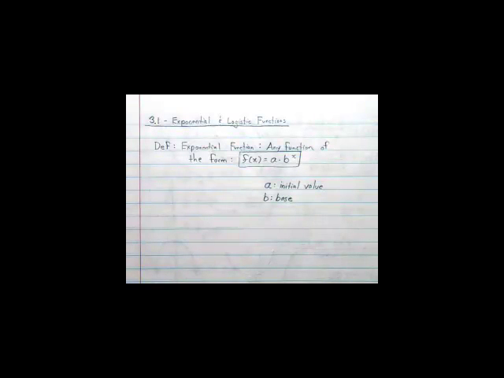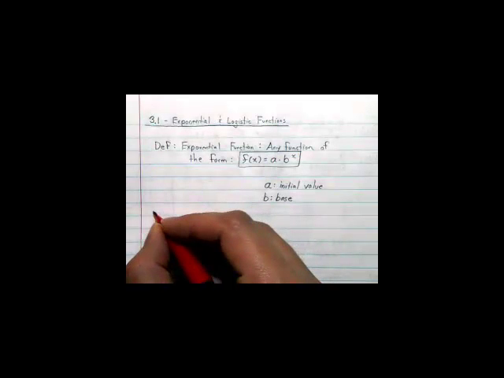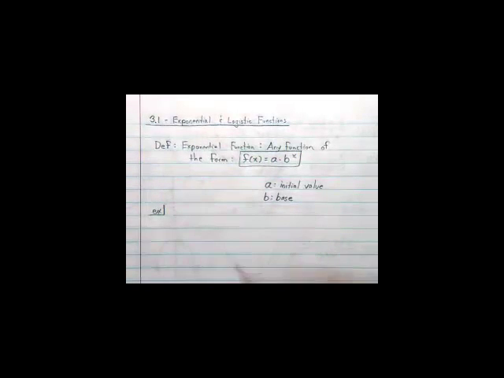Okay, so one thing that you guys are going to be asked to do is to identify if you have an exponential function or not, and if so, what's the initial value, what's the base, that sort of thing. So I'm going to give you guys a few here and see if you can tell me which ones are exponential, which ones are not.